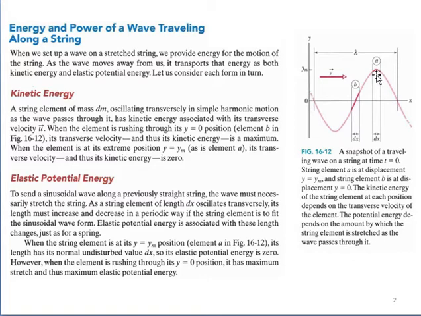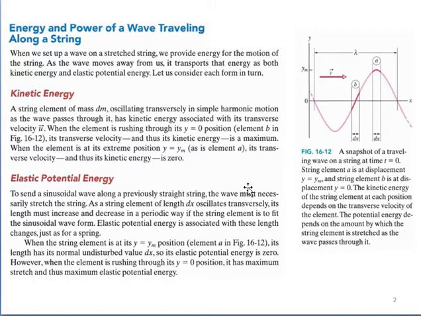That is, this element has reached the top and now it will start moving down. So reversing the direction, it stops, and at this position its transverse velocity is 0. So at the position A, the element will have no kinetic energy and will have maximum kinetic energy as it passes through the equilibrium position.